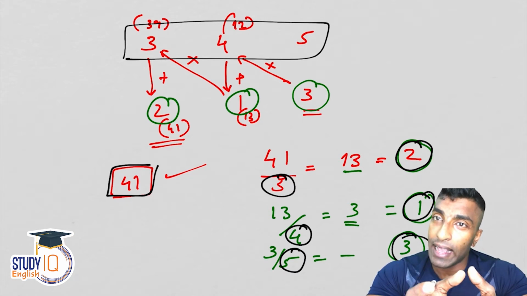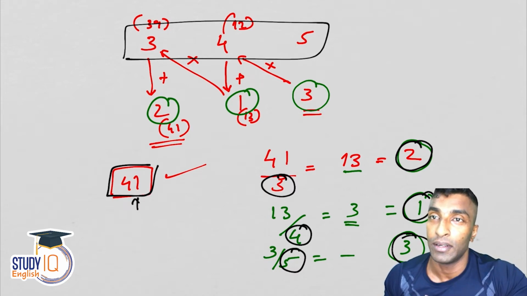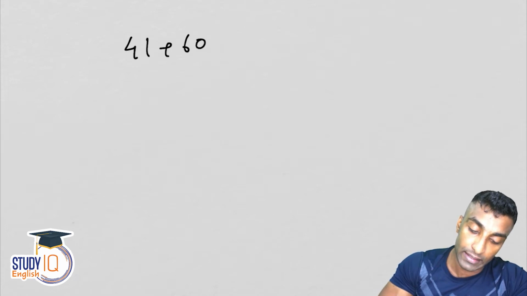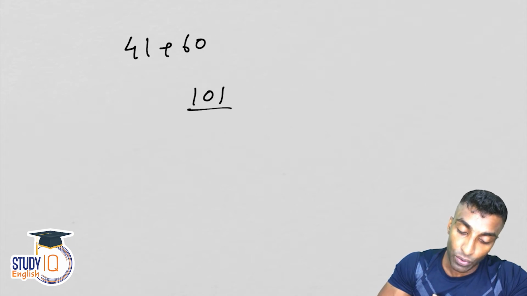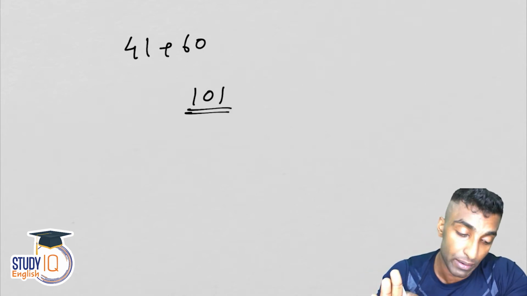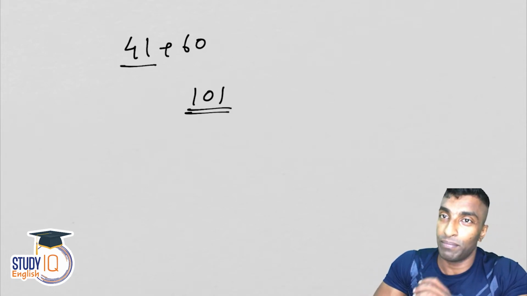Now, if you add this LCM to the first number you got, you will get the next number. That's it. So to get the next number, 41 plus 60 is 101. So 101 also, when you divide by 3, 4, 5, leaves remainders 2, 1, 3. Why is this happening? 41 gives you the same remainders, as you understood.